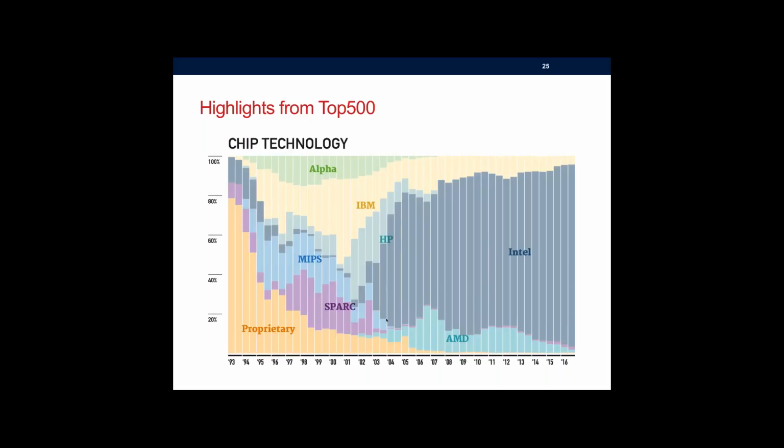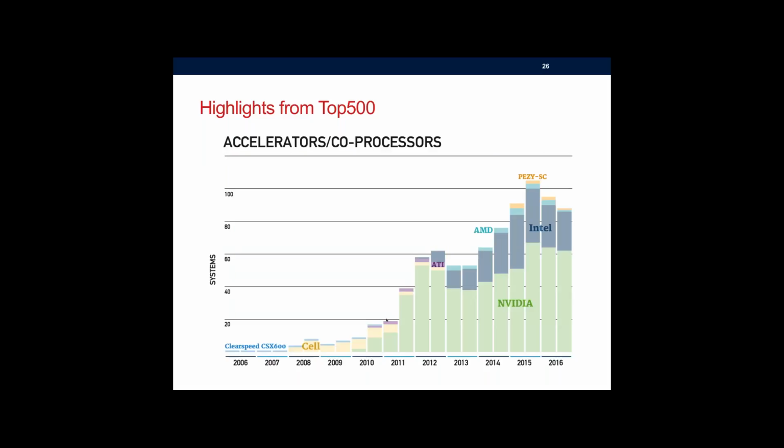Chip technology is also, we will see that commodity hardware is becoming more prevalent. What I want to highlight here is, as I said earlier, since 2003, we are using mostly multi-core architectures, but starting from 2010, the beginning of this decade, you will see what I call the attack of the many cores.